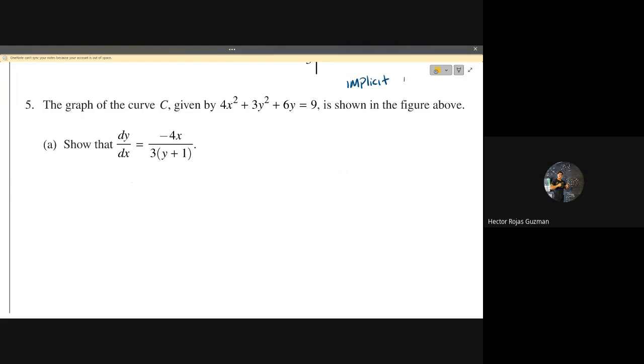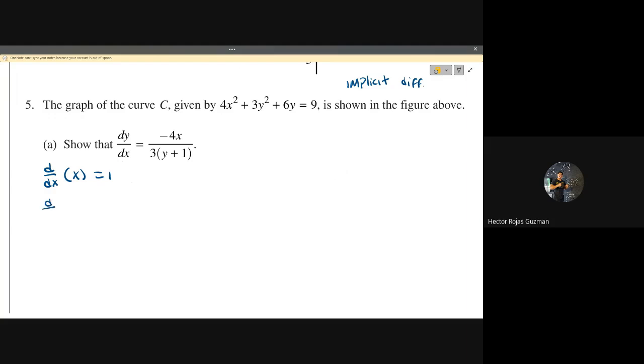So, implicit differentiation. And that means that if you're taking a derivative of a letter that is not x, think of it as a mystery function and you have to apply the chain rule because we are taking the derivative with respect to x. So, quick little recap. If you're taking the derivative with respect to x and you're deriving x, well, that's just going to be 1.